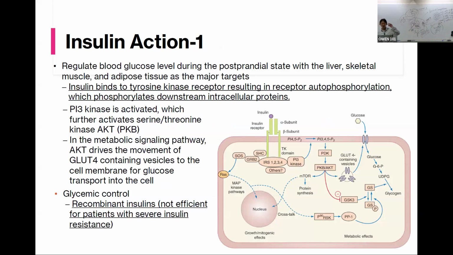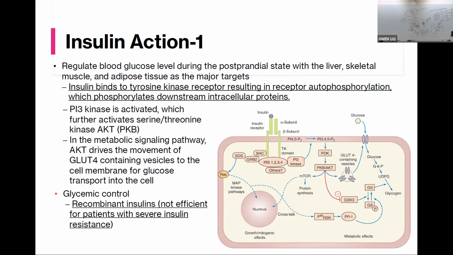How many molecules of insulin can bind to the insulin receptor at the same time? You can see 2 alpha subunits. Yeah. So each of them can bind to an alpha subunit. So theoretically, 2 molecules of insulin can bind, but I don't know in reality whether, because of steric hindrance, maybe only one will bind, but theoretically 2.